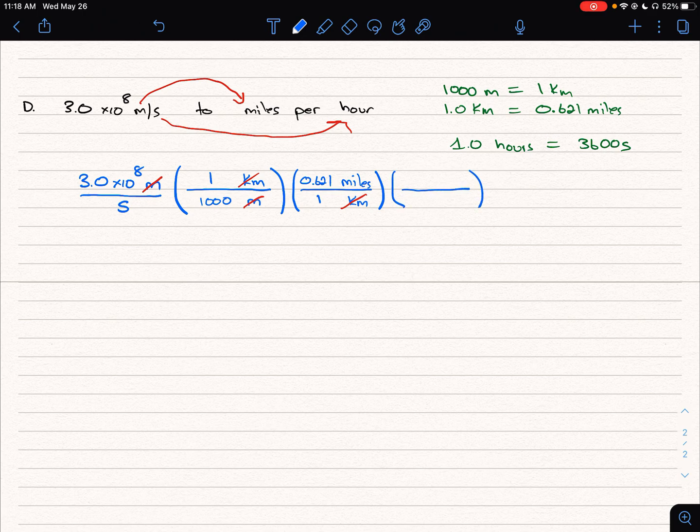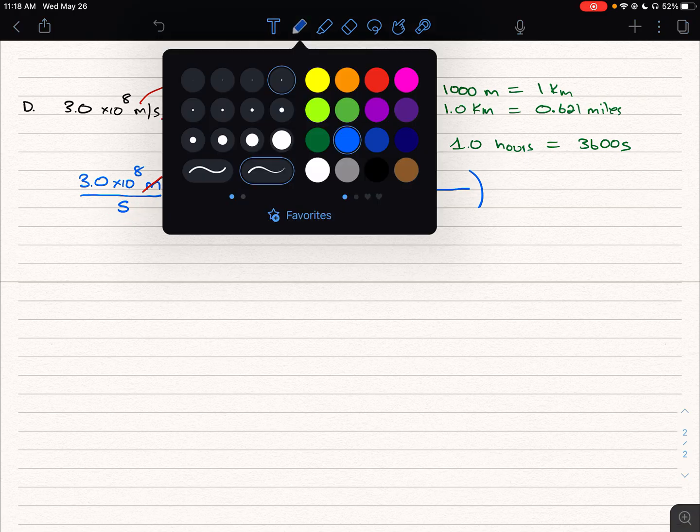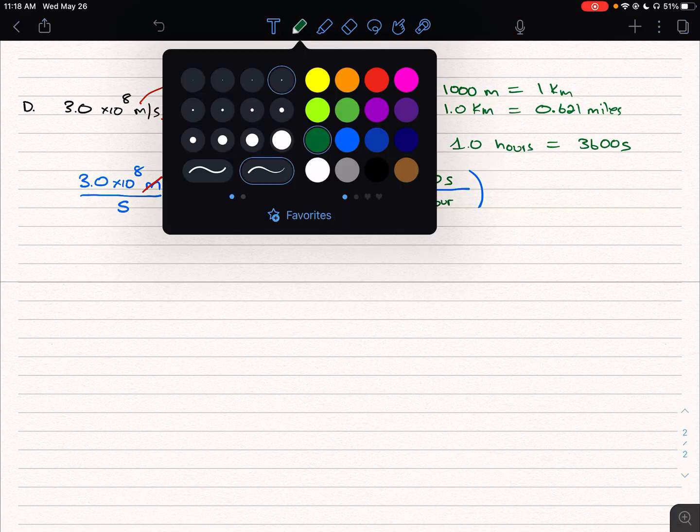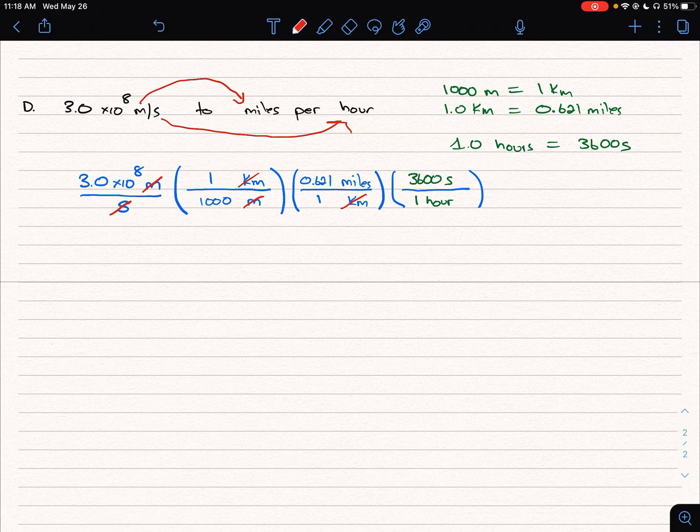We need to be a little careful here in that seconds is on the bottom of our fraction. So in order to cross it off, I'm going to put the 3600 seconds at the top and 1 hour at the bottom. Because remember, we want the seconds to cross off and we want to be left with miles per hour. So the hour on the bottom of the fraction.